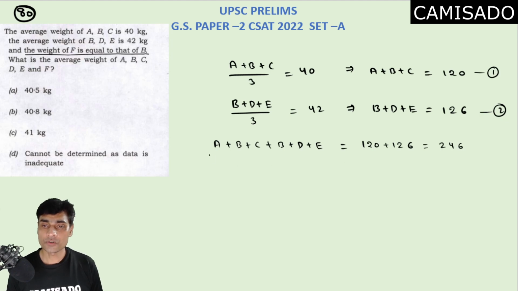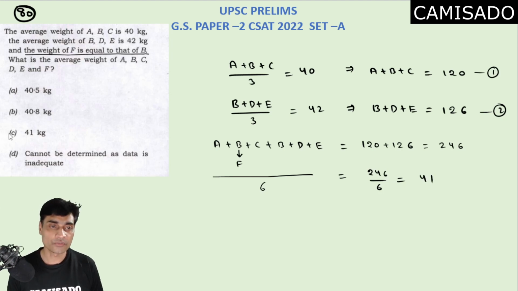Okay, now it is given that B and F have the same weight, so I can replace this B by F. So again you will get A plus B plus C plus D plus E plus F. Now their average will be this divided by 6. So 246 divided by 6, the result is 41. So 41 kg is the right answer for this one.